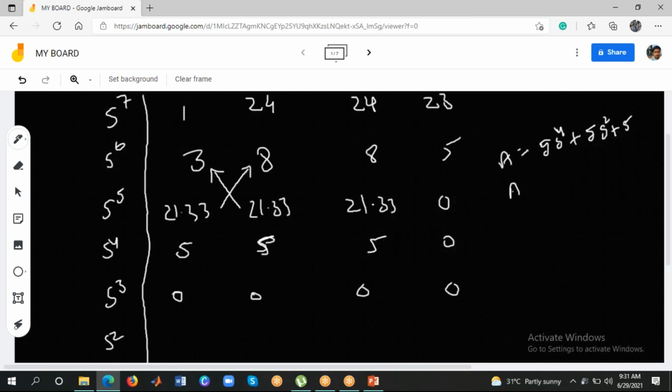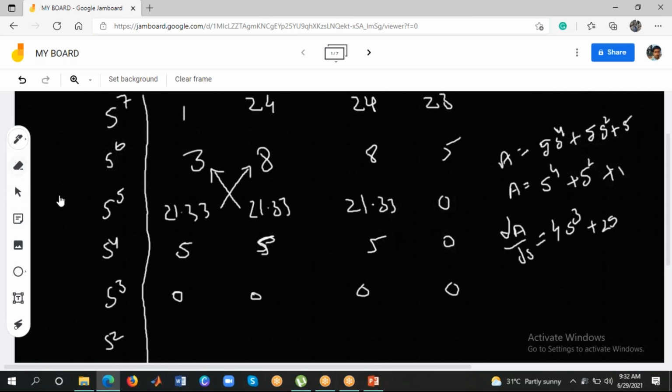Then I will get A is equal to s power 4 plus s square plus 1. Next, we have to differentiate A with respect to s, dA by ds. Then you will get 4s cubed plus 2s plus 0. So this is the s cubed term.